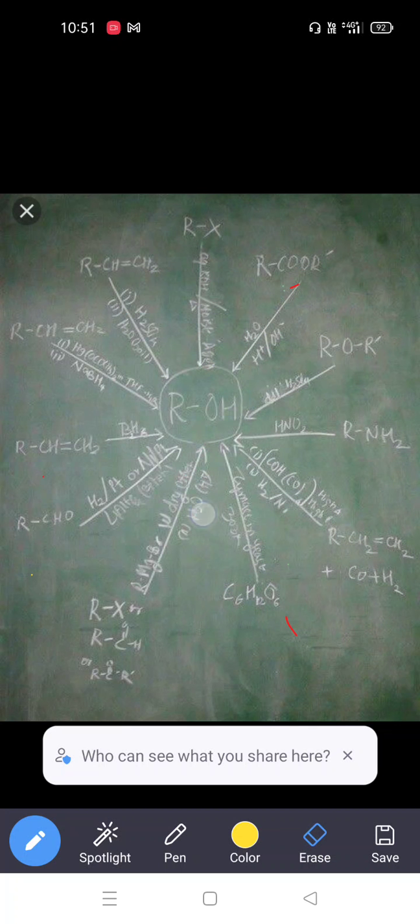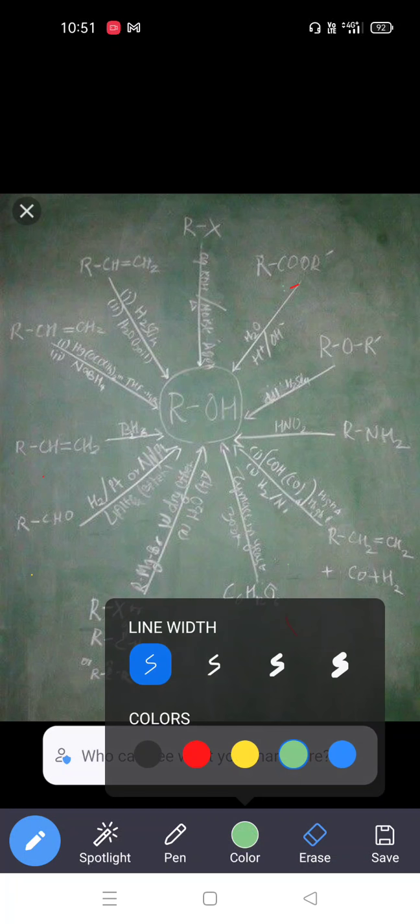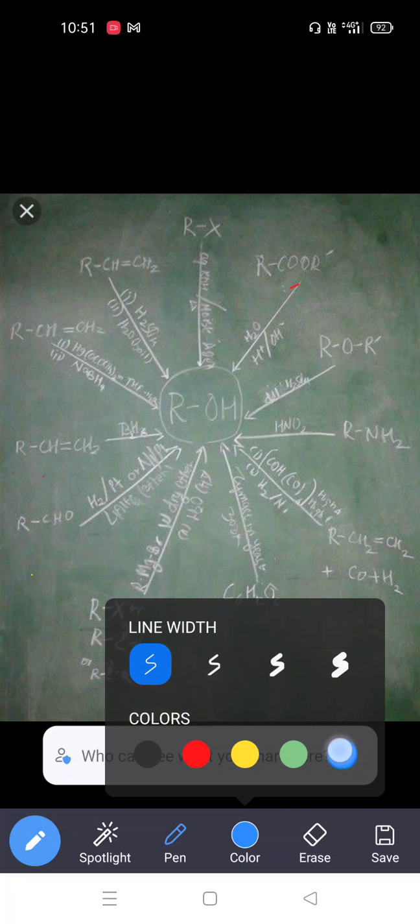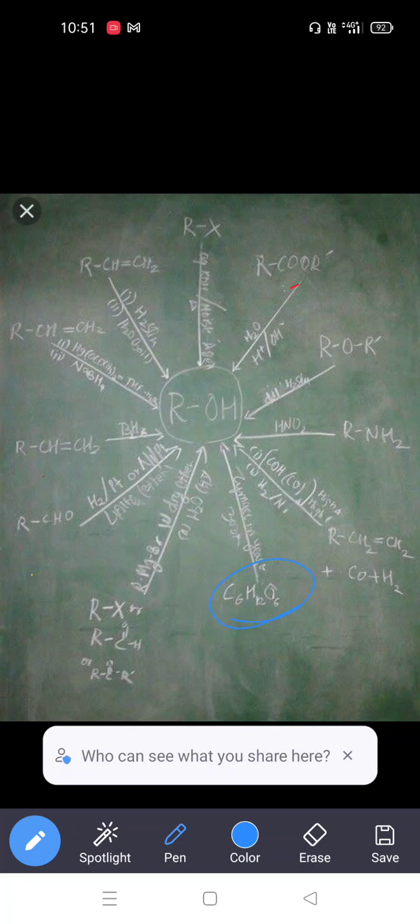Then from glucose or carbohydrates. Carbohydrates under enzymatic conditions, using yeast as an enzyme, produce the alcohols. So this is also one of the important preparations of alcohols, from glucose.